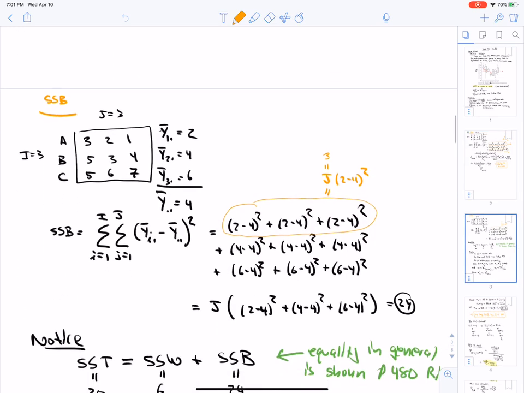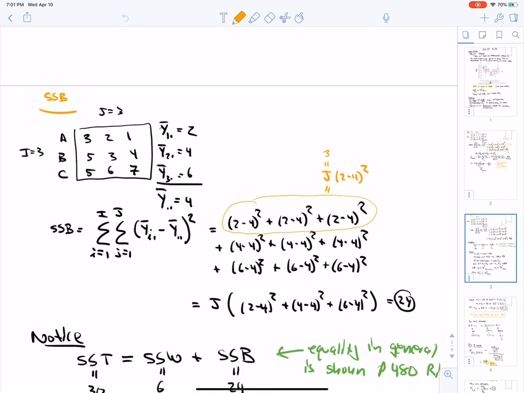On to SSB. So for SSB, which is the spread of values of the row means about the total mean. So here we get 9 terms again, but we have essentially J times just 3 terms.